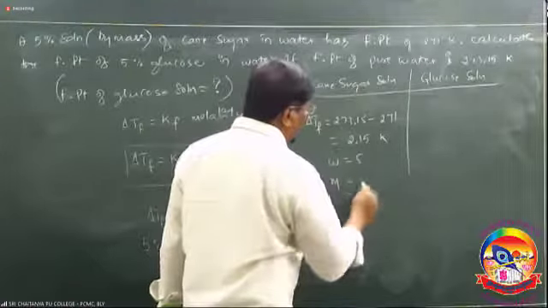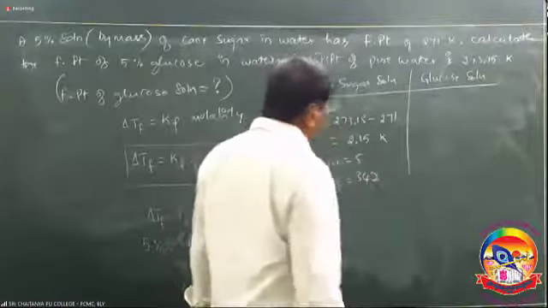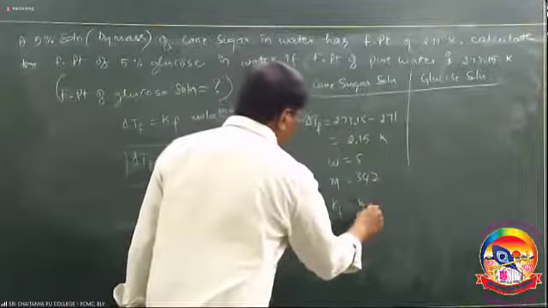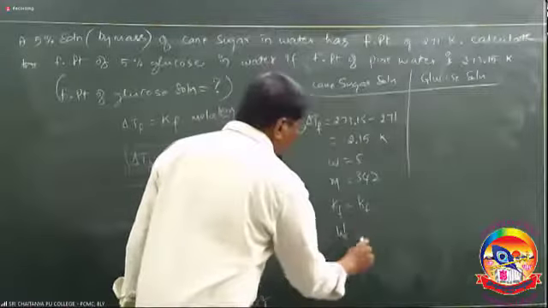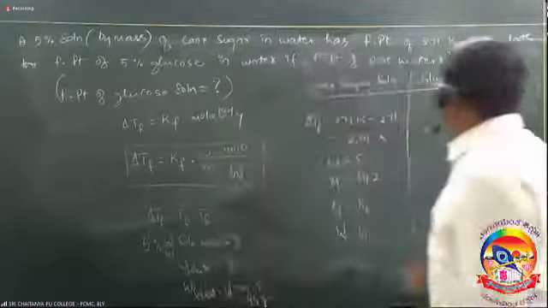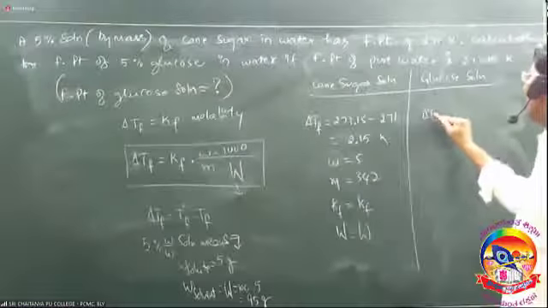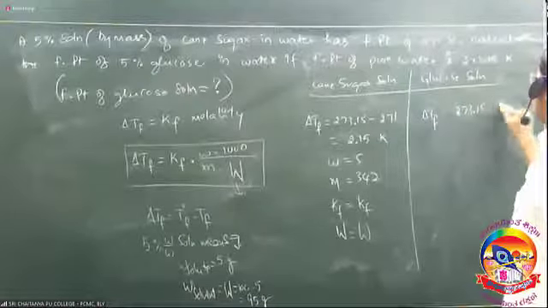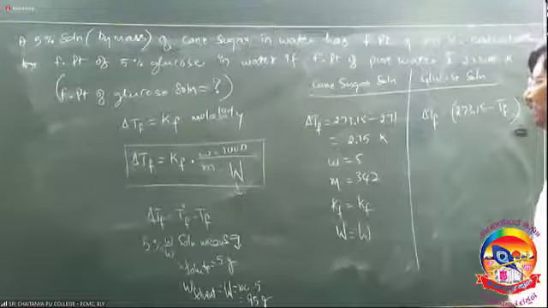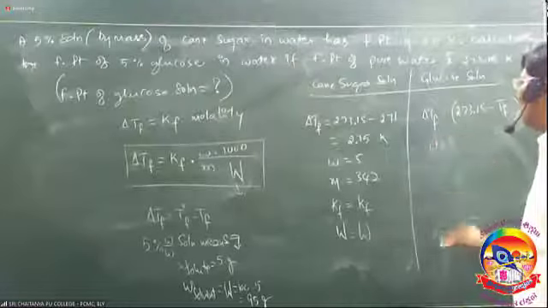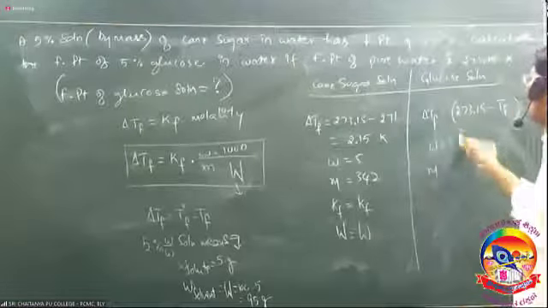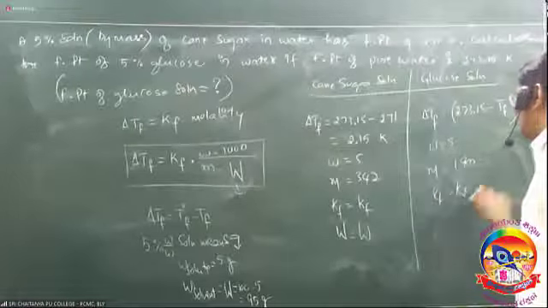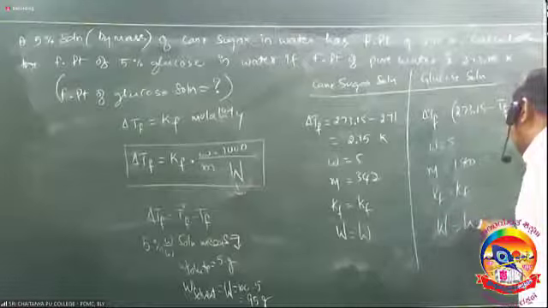Small m is given 342, the molecular weight of cane sugar. Then capital W is not necessary. Next, for glucose, delta TF is 273.15 minus TF. This you have to calculate. Then W is 5, molecular weight of glucose is 180. Then KF only, capital W is the same value.